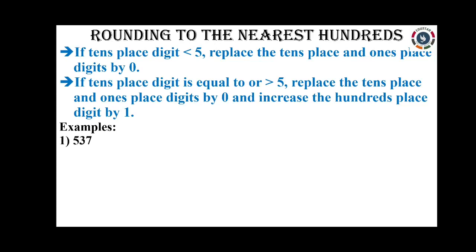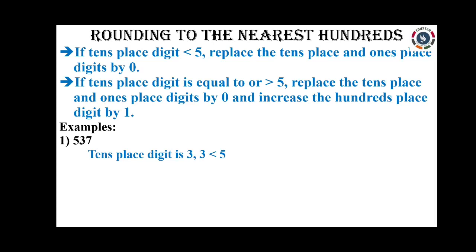First example, 537. In 537, the tens place digit is 3. 3 is less than 5. So replace the tens place digit and ones place digit by 0.